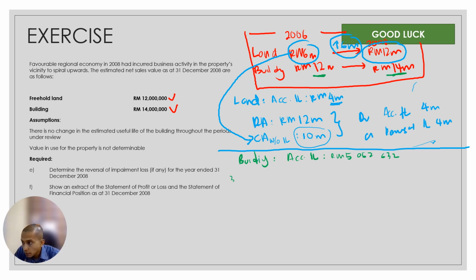So this is basically the working line. As at 31st December 2008, for us to do a reversal, we need to calculate this first. First we calculate the carrying amount with impairment loss. We use this 12 million, the one that we revised already.